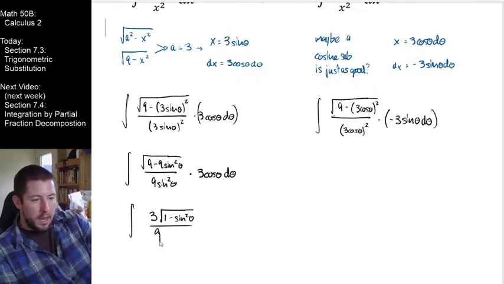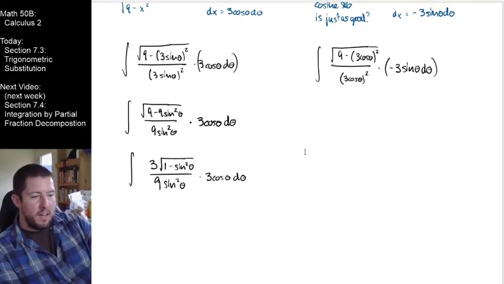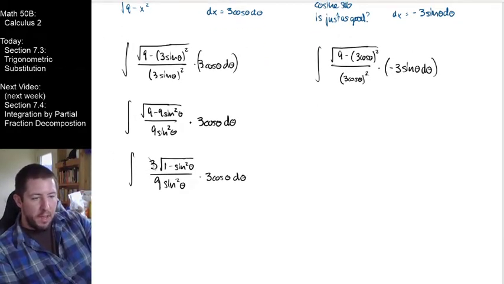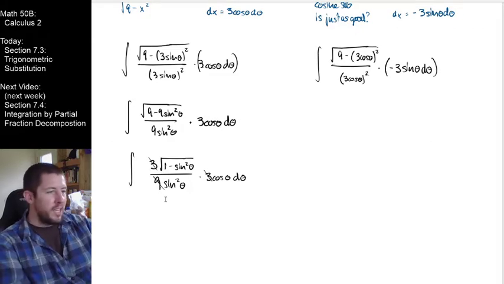Notice that one of the really nice things I'm seeing now is I've got 3 times 3 is 9 divided by 9. So it looks like all my constants just canceled away.